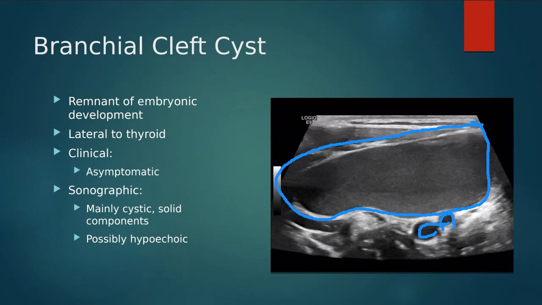We can see some solid components to it, but usually not. And it could potentially be hypoechoic. So if it's cystic, we do want to see it anechoic. Usually they're pretty large. So the larger the cyst, the more likely it is to have debris in it, to make it look like there's echoes in it if there is debris. And of course, if there's any solid component, we would expect it to be hypoechoic.